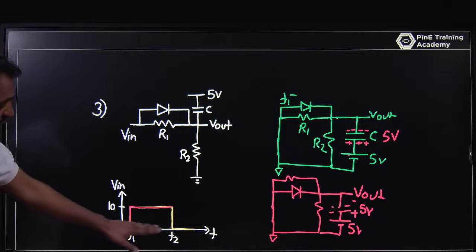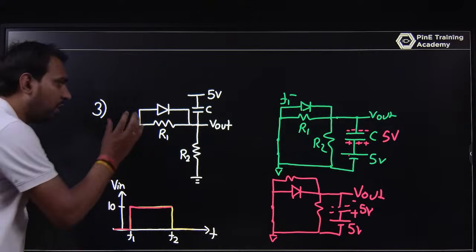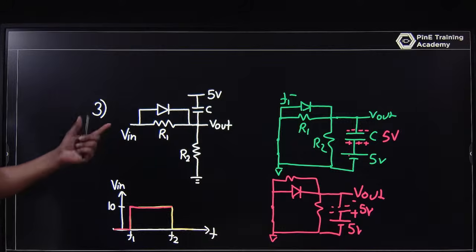So till T2 minus it is maintained at 10 volt. I just used one component, the diode only, and everything is changed. You can detect the positive edge. Similarly, you can detect the negative edge if you use the opposite direction of the diode.